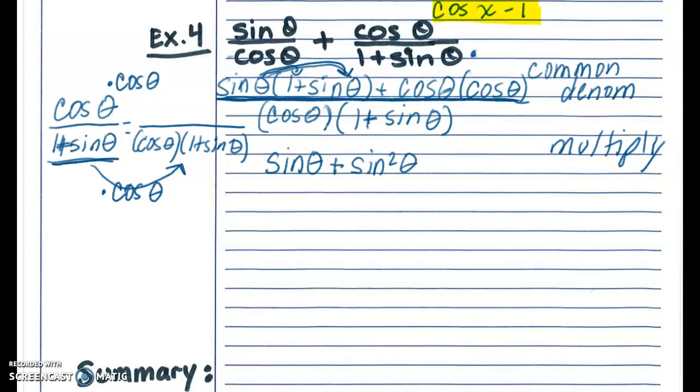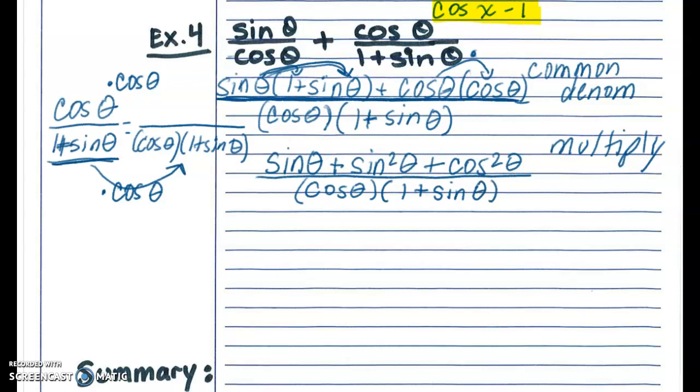We're not squaring the angle. And then plus cosine times cosine gives me cosine squared theta. Still over, we didn't do anything with the denominator. Still over cosine theta and 1 plus sine theta.